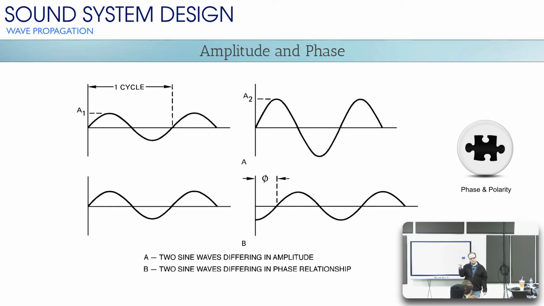Remember, phase is about time. Where are we in time in this process of oscillation? But polarity is just something got backwards. And there's no time involved in it going backwards. It can go backwards at the same time it could go forwards. There's no time involved there.